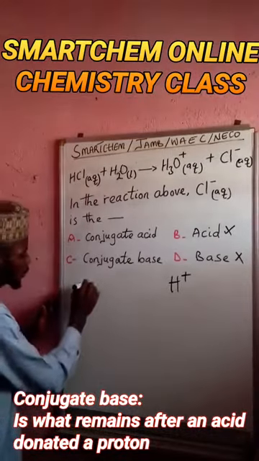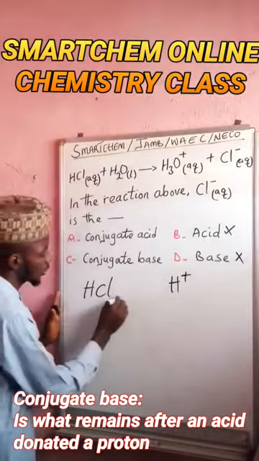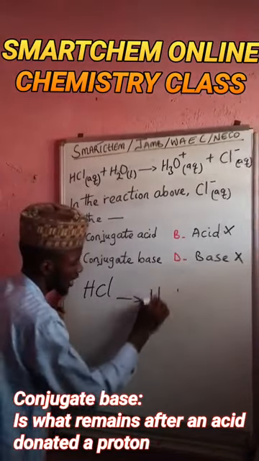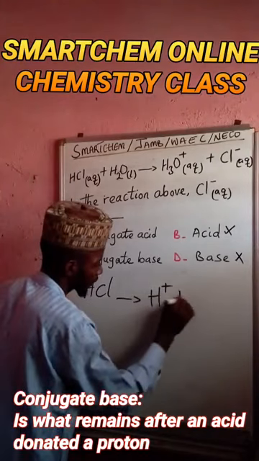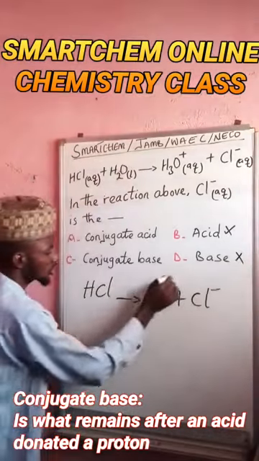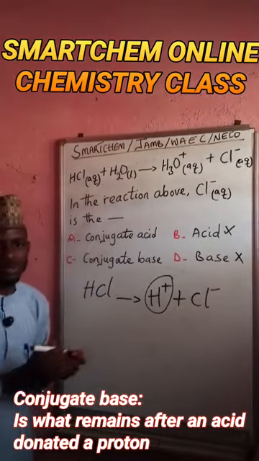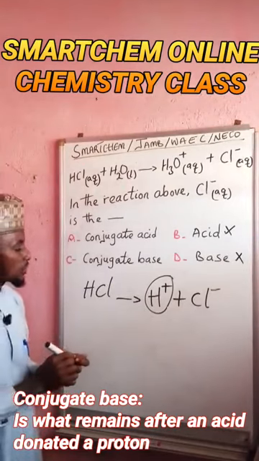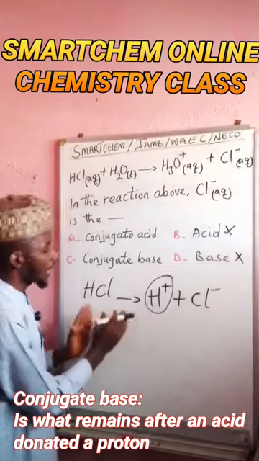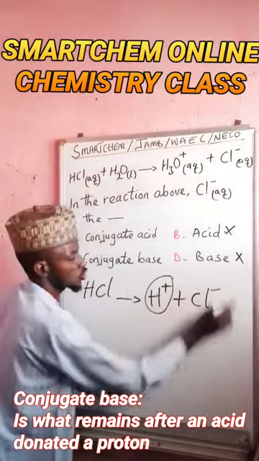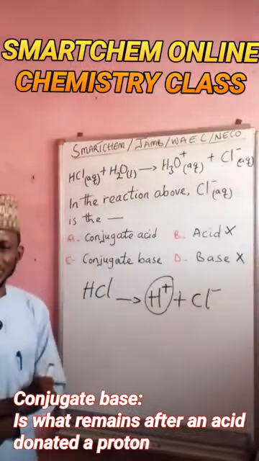For example, when we look at hydrochloric acid, in its ionic form we have H plus and Cl minus. So the H plus is the proton that is donated to the water molecule here. Are we together? So what remains after donating proton by an acid is this one, which is our question.